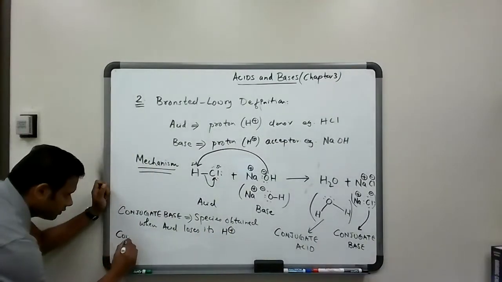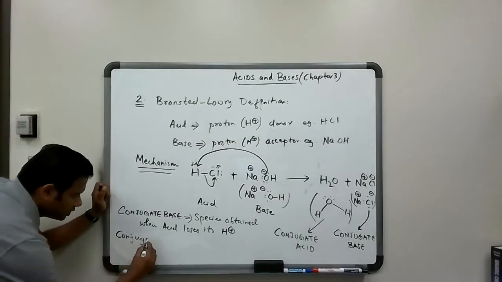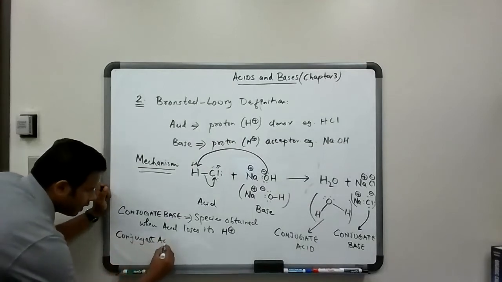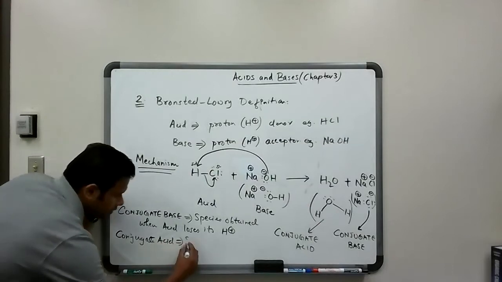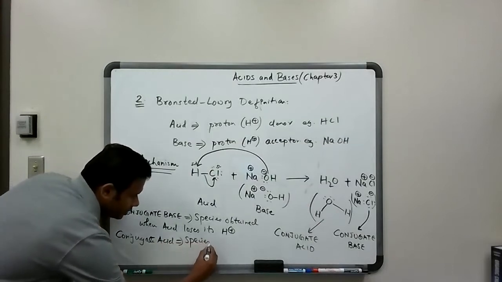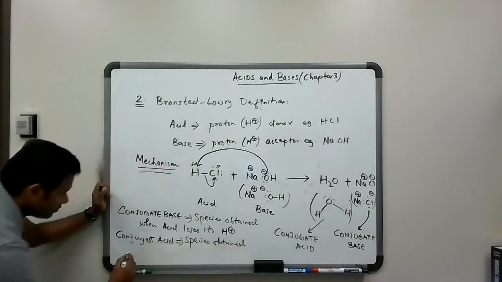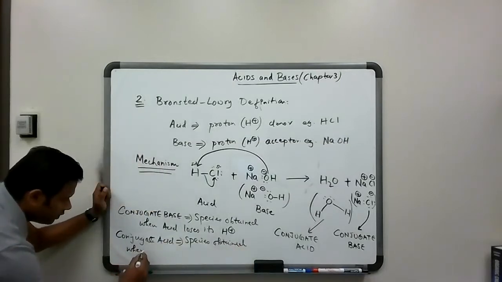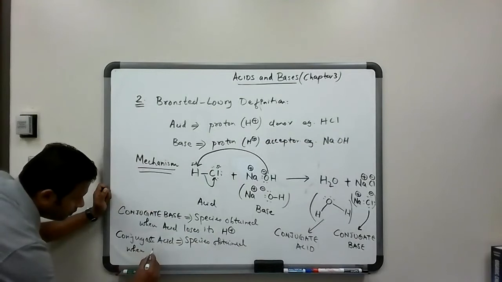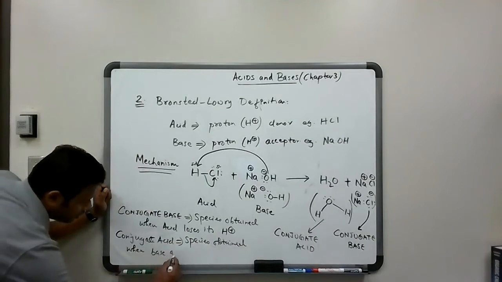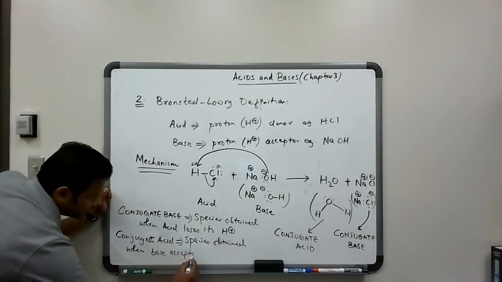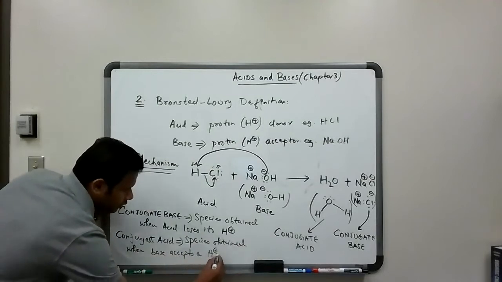And then we have conjugate acid. This is the species obtained when a base accepts a proton.